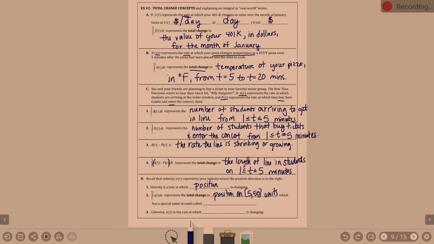Okay, so total change in position on 5 to 50 has a special name in math called displacement, or net change, is also what you'll hear it in terms of in math. Displacement, or net change in parentheses.